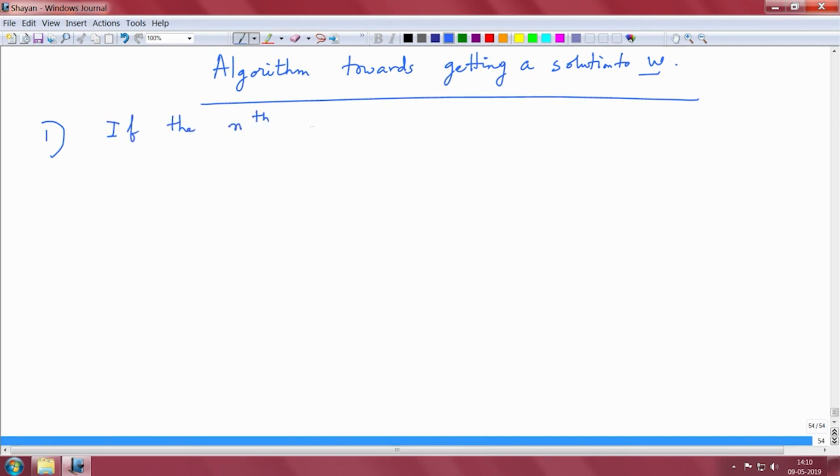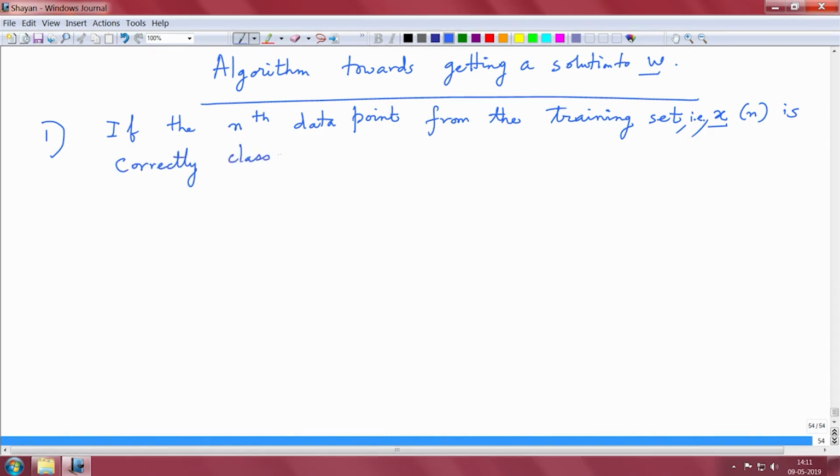If the nth data point from the training set, that is x of n, is correctly classified by the weight Wn.